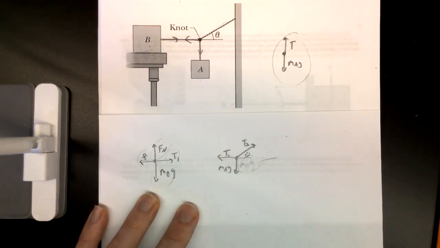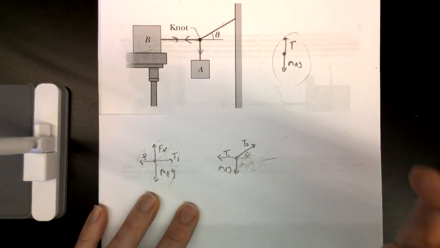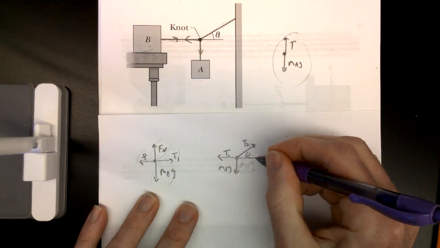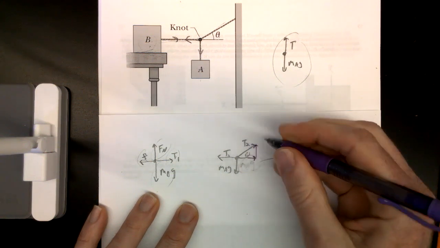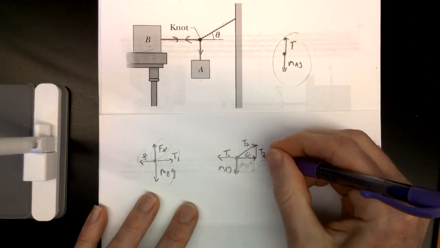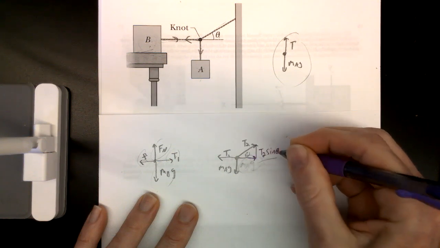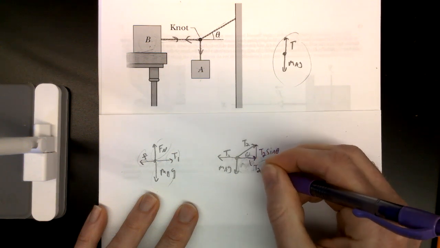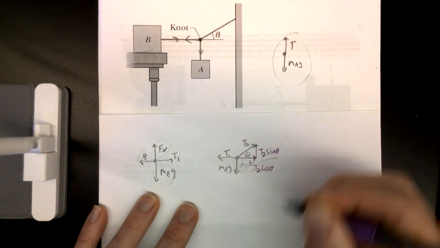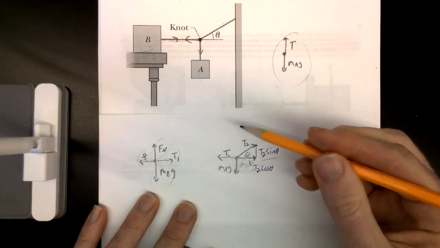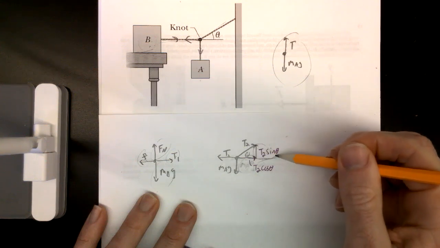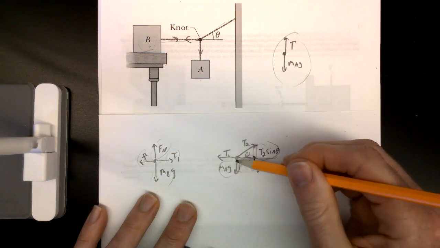And I think I'll use a different color. So we have this T2 going to get broken up into components like this. This is going to be T2 sine theta, and right there is going to be T2 cosine theta. Now we can start to see how things are going to go together. What we know is that this T2 sine theta has to equal this weight right here.